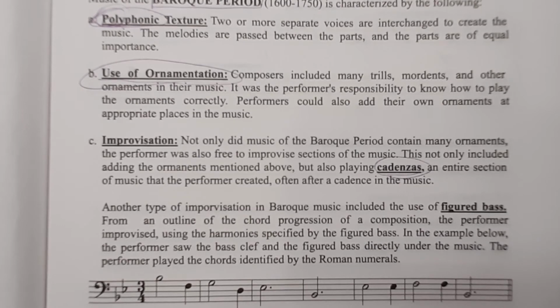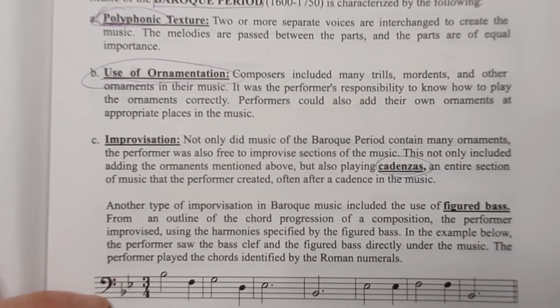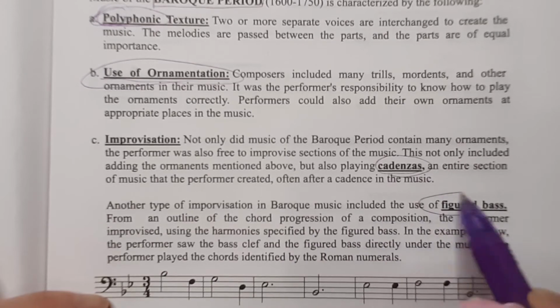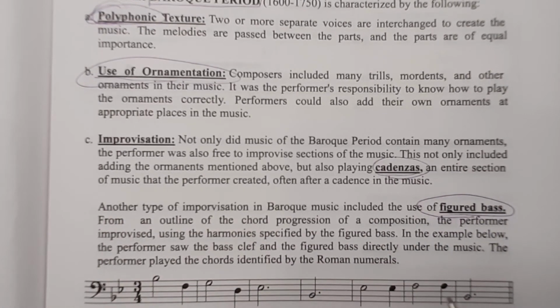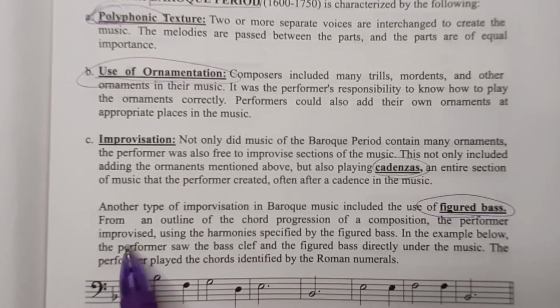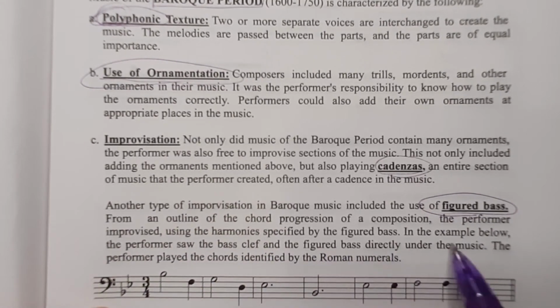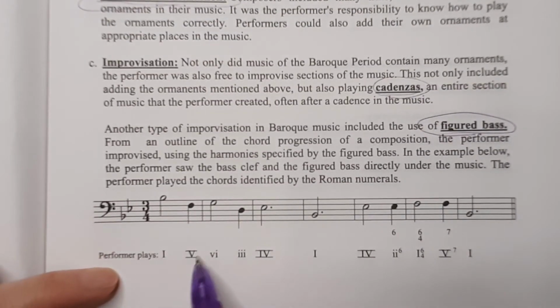All right, figured bass. The numbers. Another type of improvisation in Baroque music includes the use of figured bass. The performer improvised using the harmonies specified by the figured bass, like in this example. 1, 4, 6, 3.